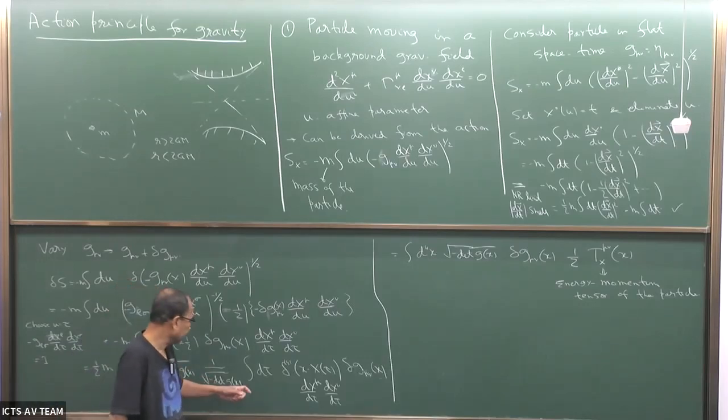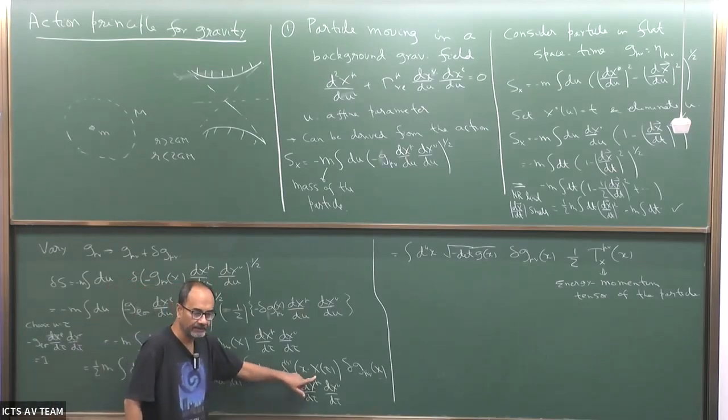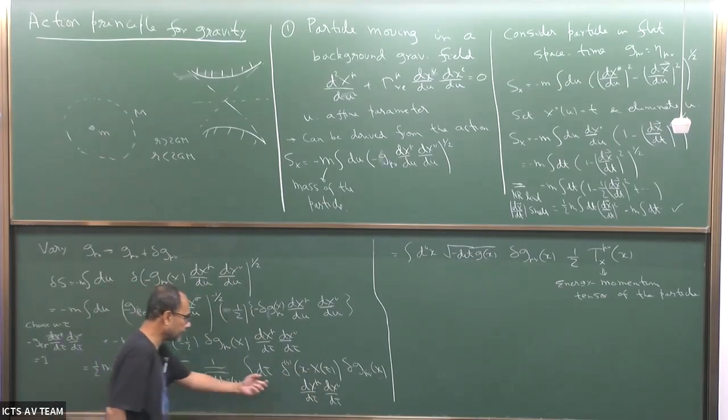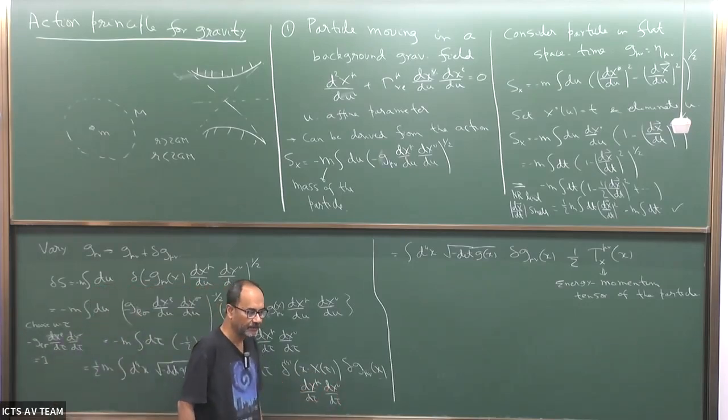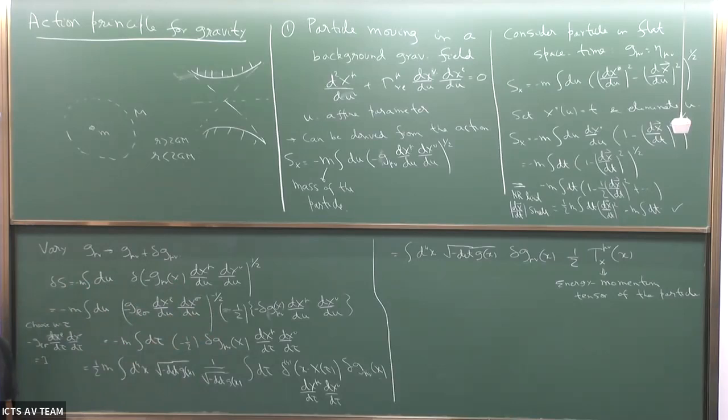That's why I needed to multiply and divide. It also had this delta function, which said small x equal to capital X. And then these m dx mu d tau dx nu d tau were part of the definition of the energy momentum tensor. This half was not part of the definition, so that's why there's a half. Is it clear?